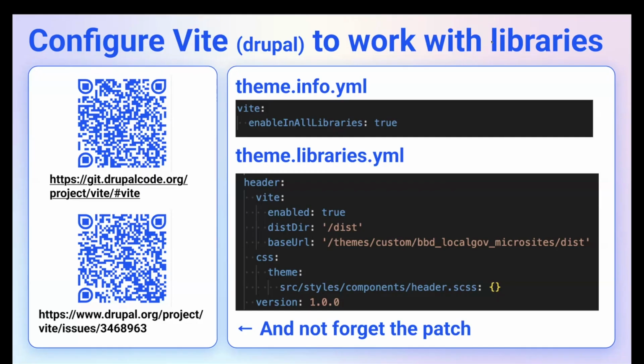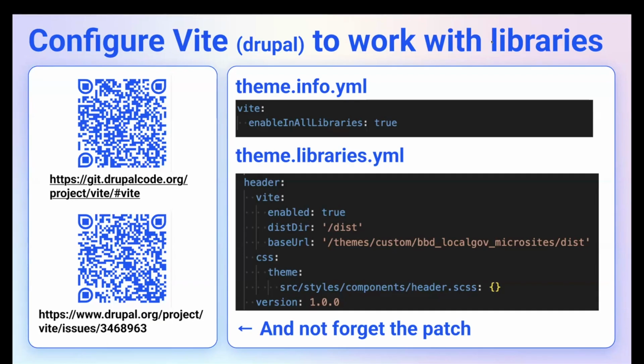And then for every library we define within our theme libraries list, we need to add the required information for Vite, so where the distribution directory is located, what is the base URL, and the difference compared to the usual CSS library definition, where we add the path to the CSS file.